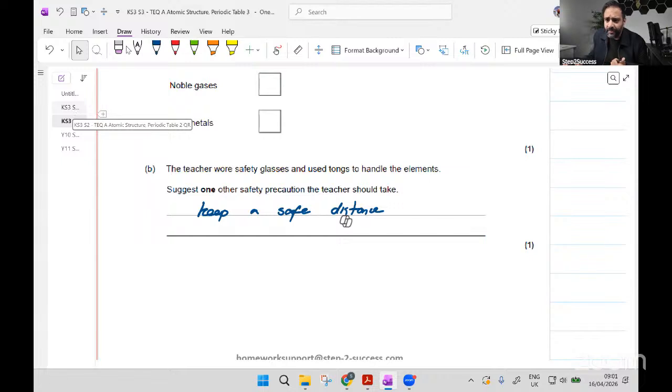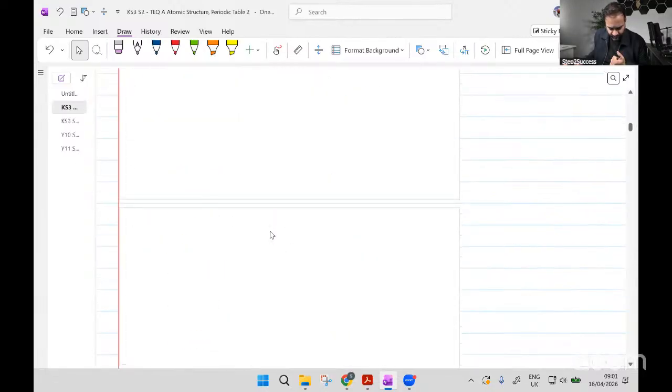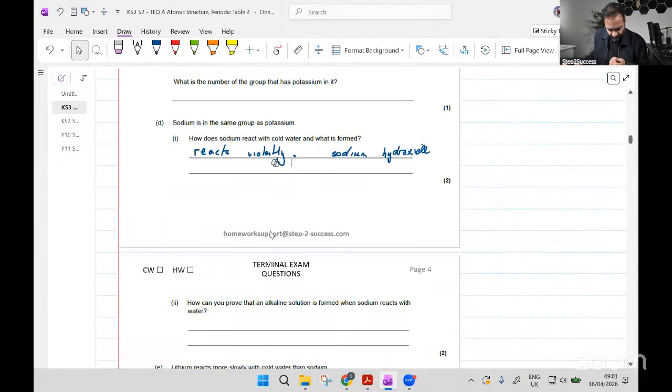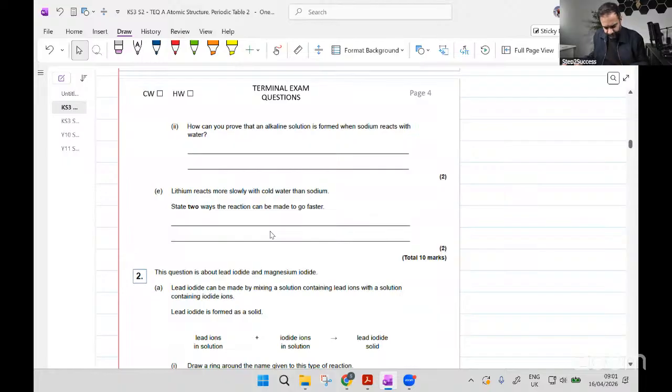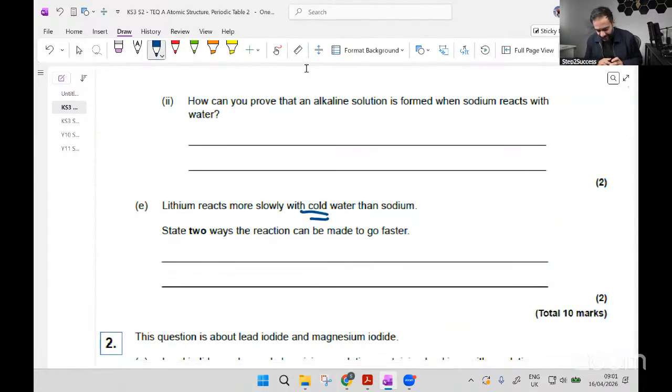So booklet 2, 1E, you also asked for, which is here. Lithium reacts more slowly with cold water than sodium. Say two ways the reaction can be made to go faster. Well, given that it says it reacts more slowly, it mentions cold water.